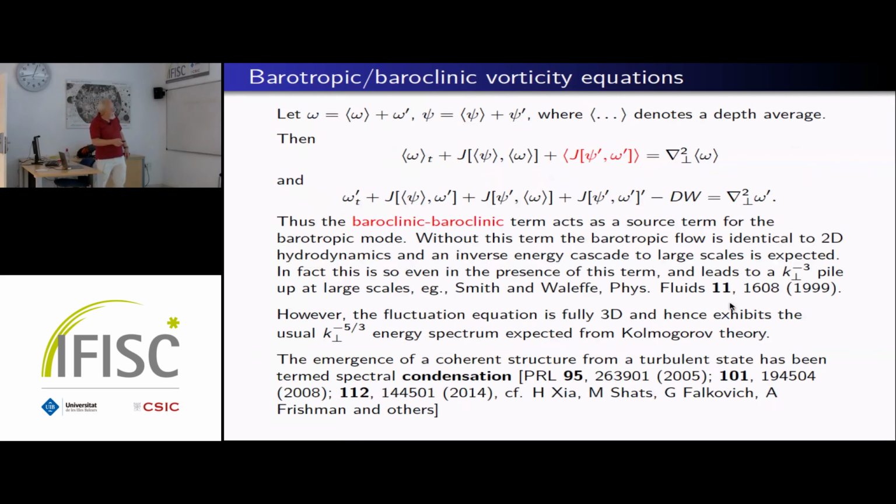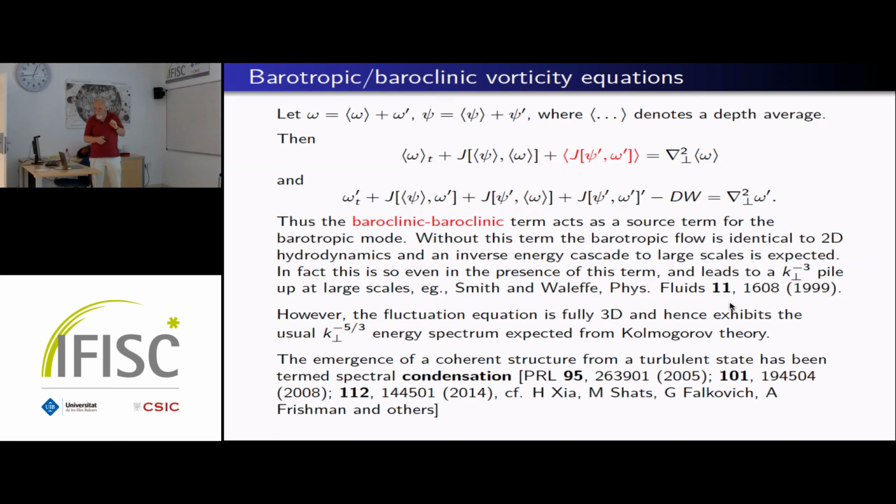Now, if you perform a barotropic baroclinic separation, so you take the vertical vorticity and you break it into the barotropic part, the 2D part, plus the 3D fluctuations, and the same for the stream function, then you get a 2D vorticity equation for the barotropic mode with a term that comes from the fluctuation interaction.